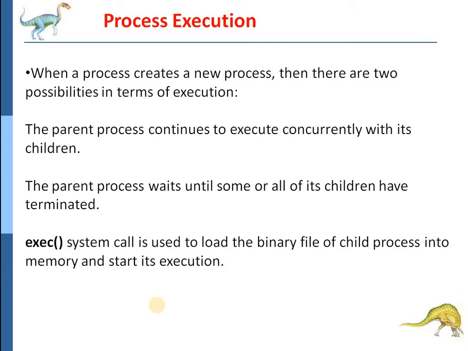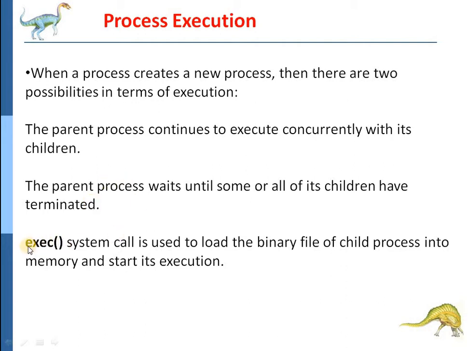When a process is being executed and creates a new process, there are two possibilities in terms of execution. As we saw earlier, the parent process continues to execute concurrently with its children, or the parent process waits until some or all of its children have terminated.